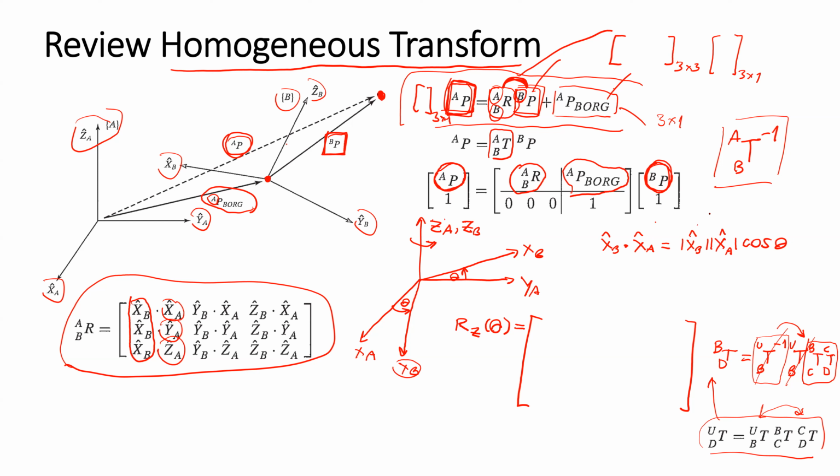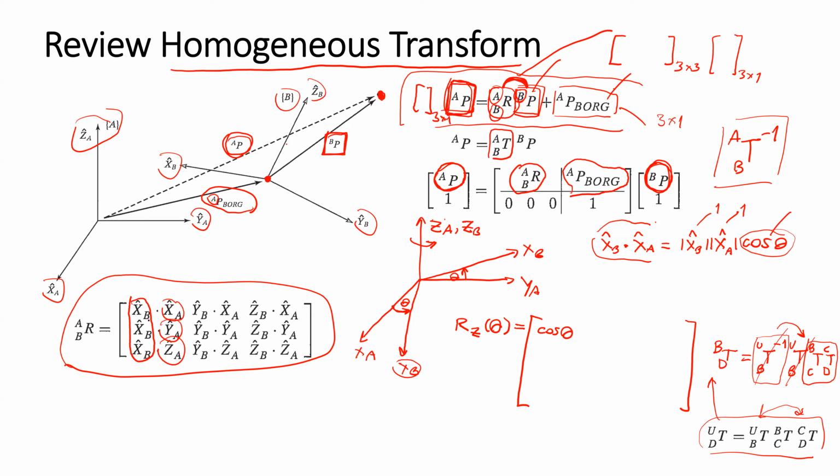And we know that xb and xa are unit vectors, so the magnitude is equal to 1. So the dot product between unit vectors will result in the cosine of the angle. So xa dot xb here will be cosine theta.